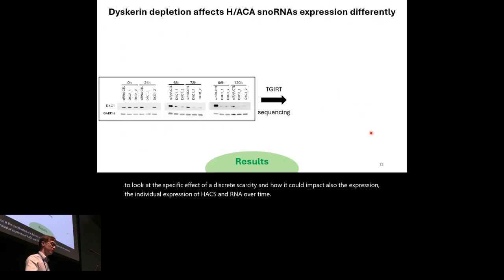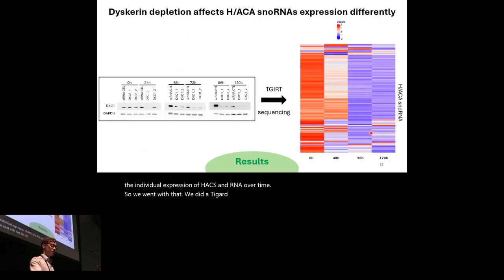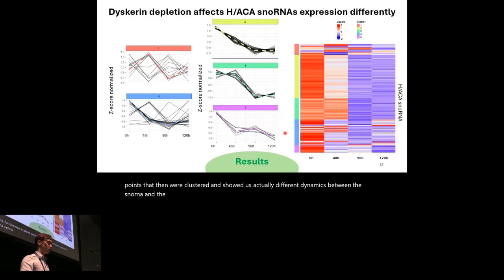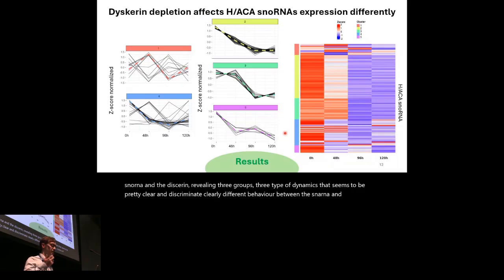We did targeted sequencing, and we managed to isolate a few time points that were then clustered and showed us different dynamics between the snoRNA and the discrete, revealing three types of dynamics that seem pretty clear and clearly discriminate different behavior between the snoRNA and their potential affinity with the discrete.